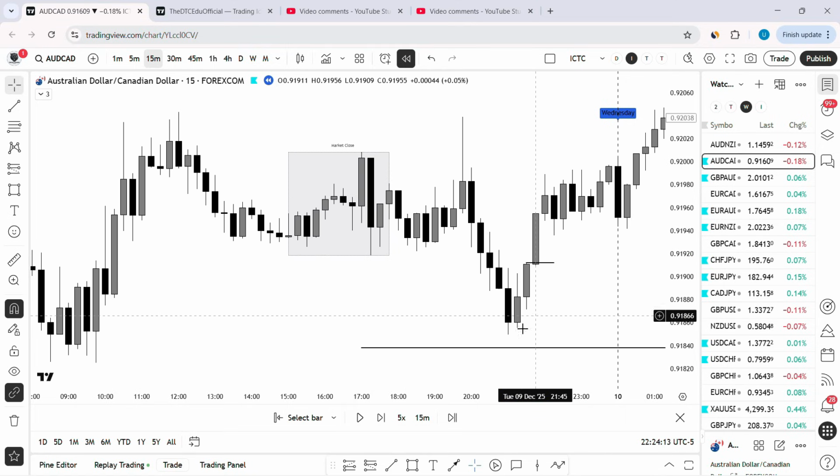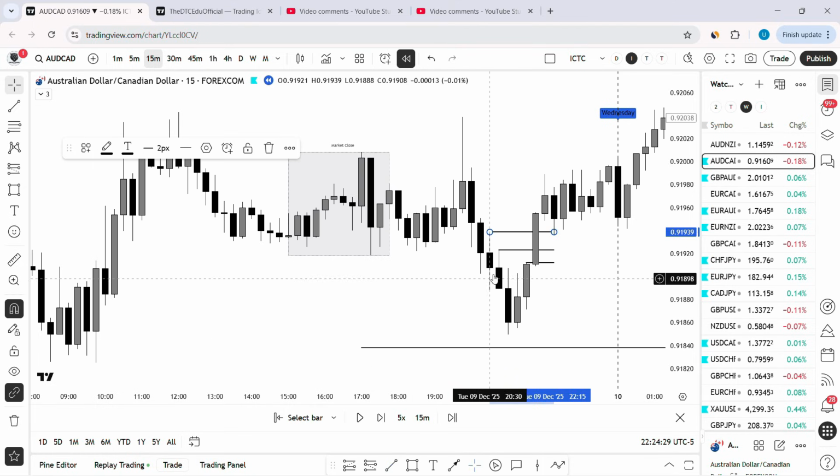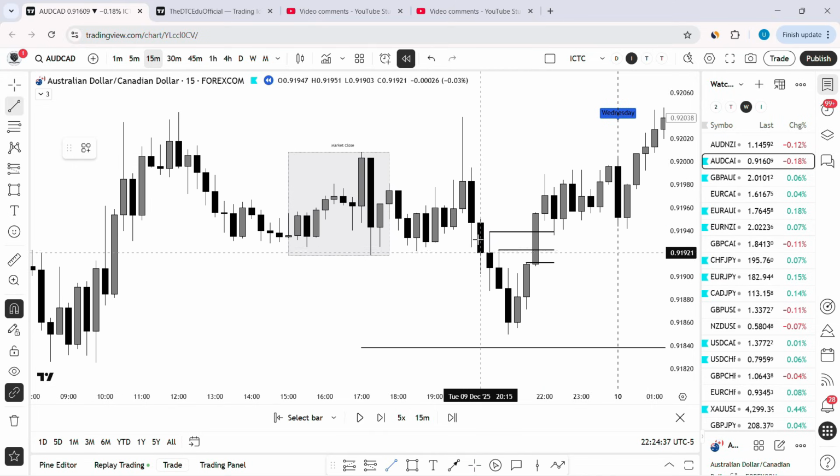But also, if this candle closes above any of the previous candles' highs that were not visited before, then those points also become POIs. In this case, all these candles' highs were not visited before, so we will mark these highs as our POIs.